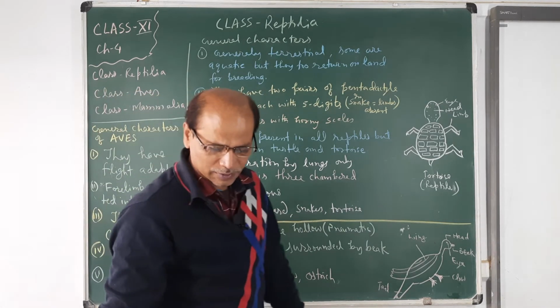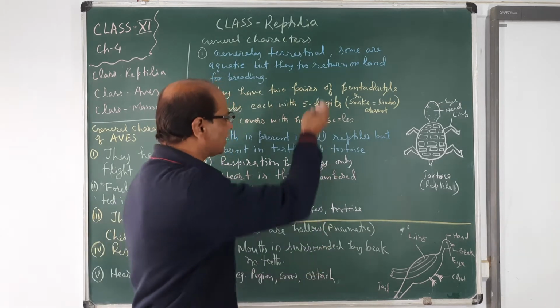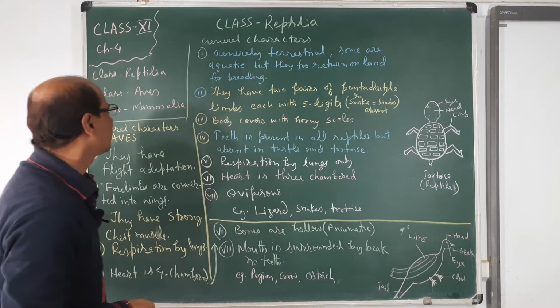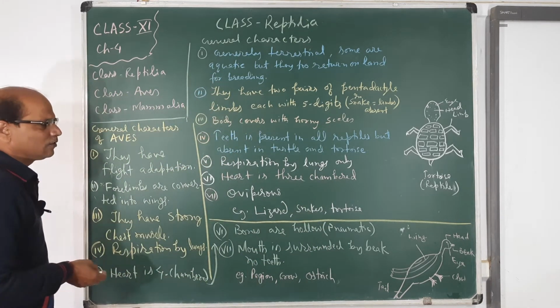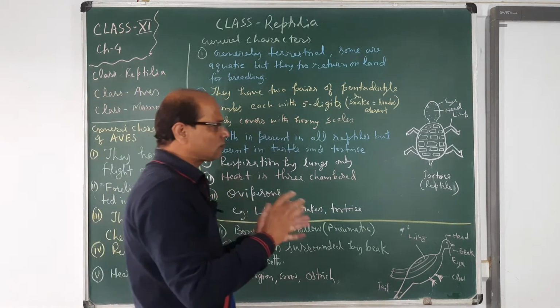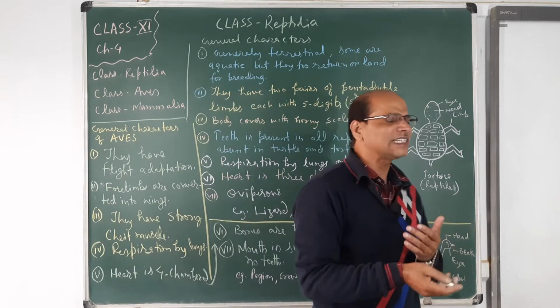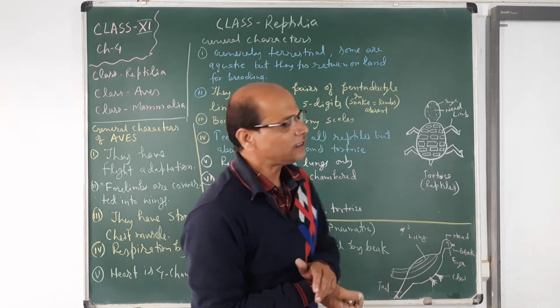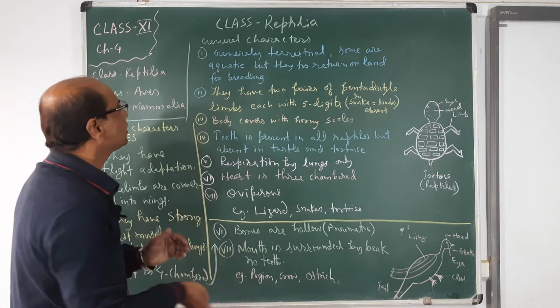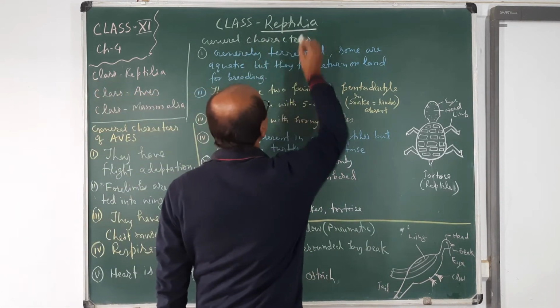In this chapter, these are the advanced groups, meaning classes, and they contain many complicated characters in their body.